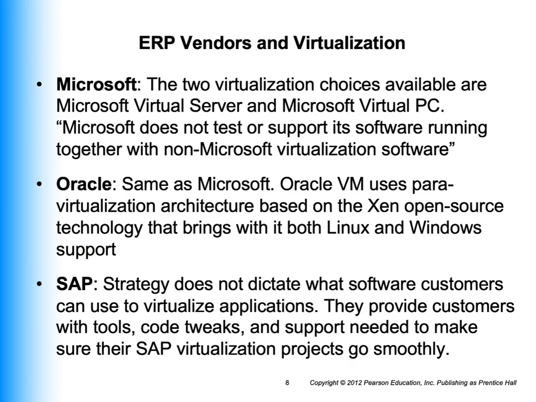In terms of vendors, as we all know, in terms of ERP, we have Microsoft. It also runs virtual server and virtual PC. Oracle, same as Microsoft. They have the Xen open source. And SAP, it doesn't have that many functions, but it's quite smooth.